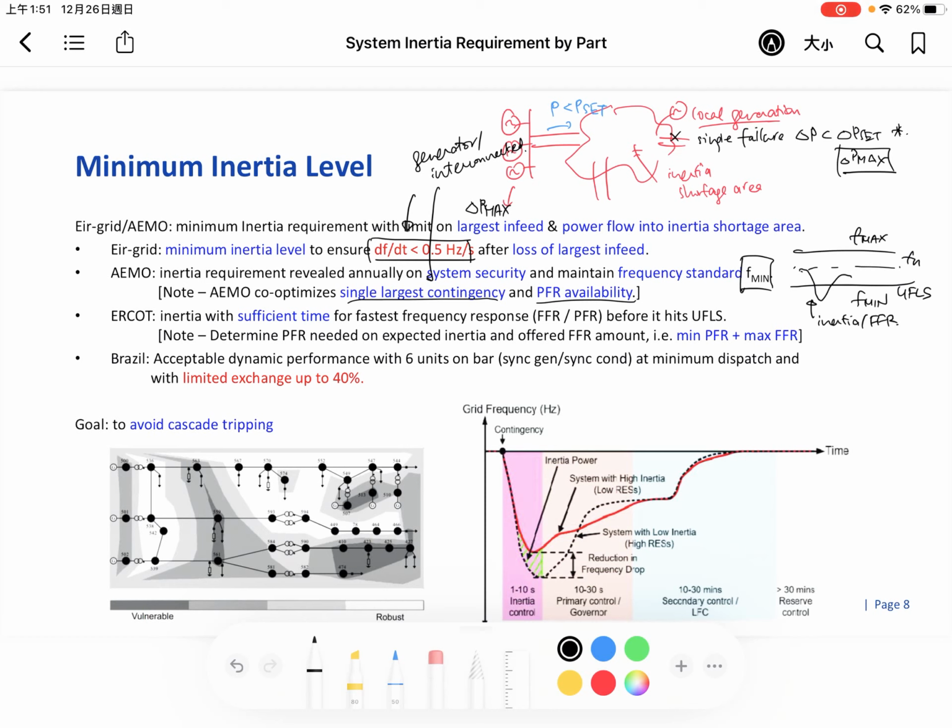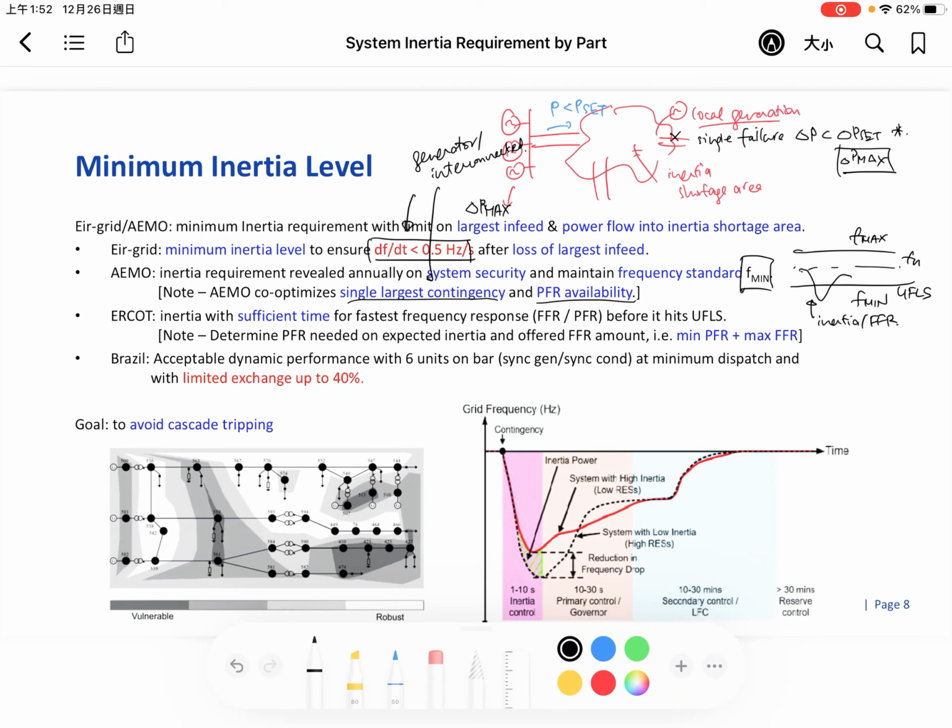ERCOT, in the US, says inertia with sufficient time for fast frequency response before it hits UFLS. It is actually a definition that uses inertia very often. It means that we know there is some kind of hero saving us, just like the fast frequency reserve. But there must be inertia that can sustain until they come to save us.